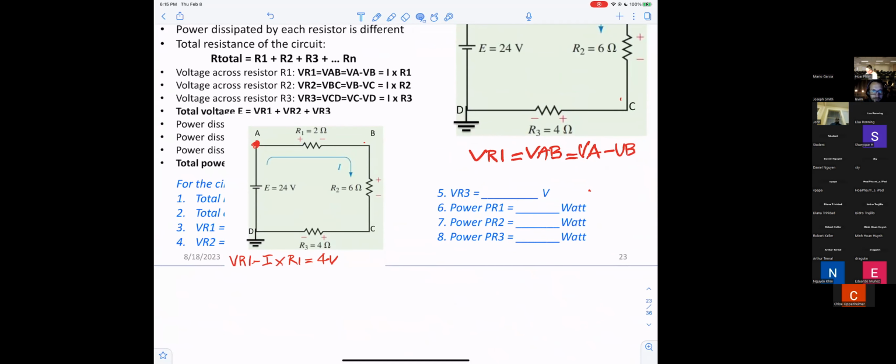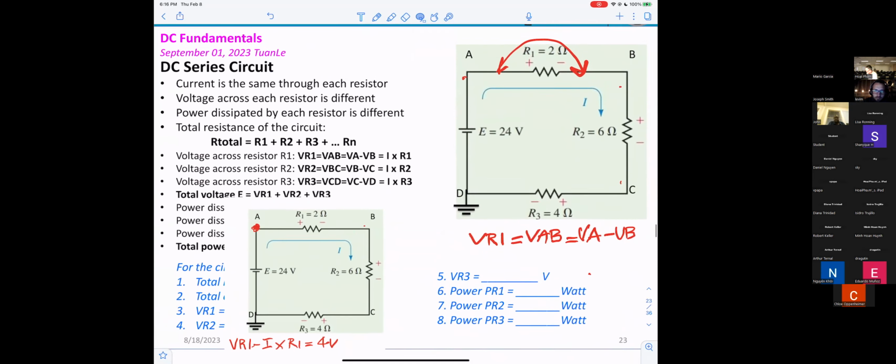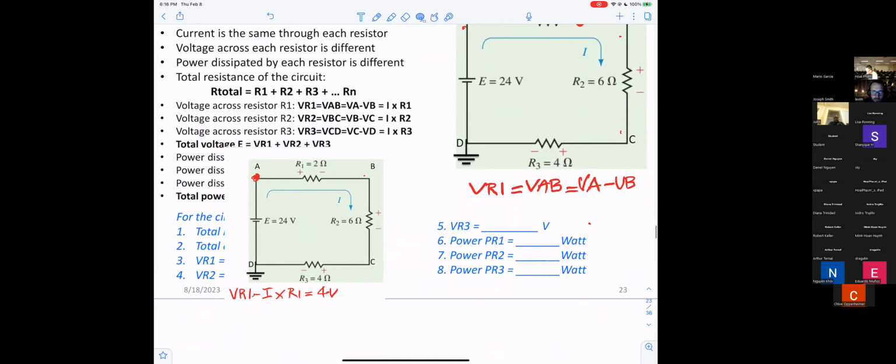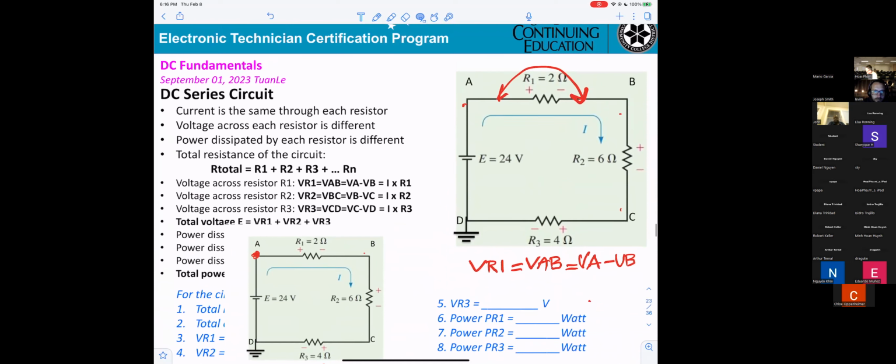This is an example with 24 volts. Let's see, I try to see if I can copy that.